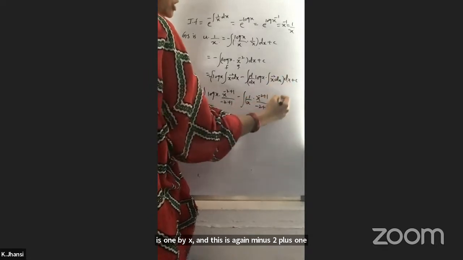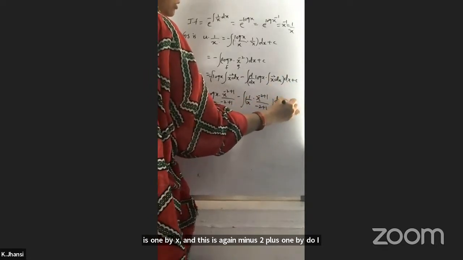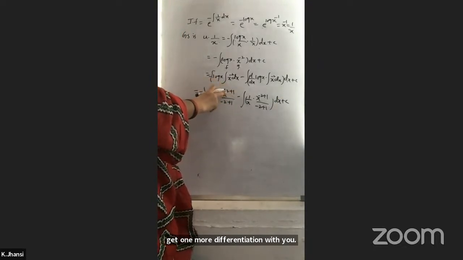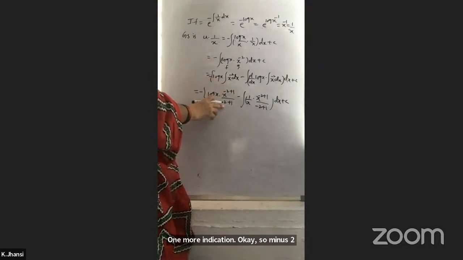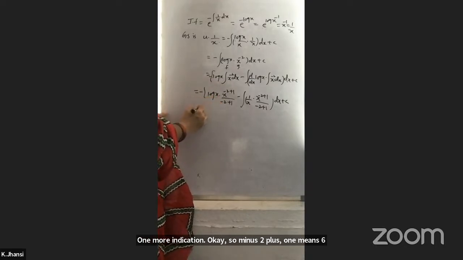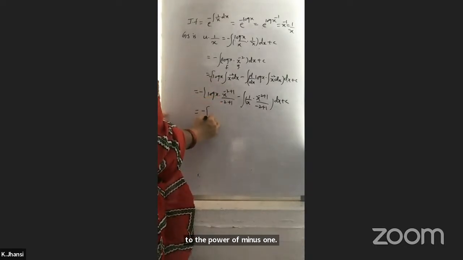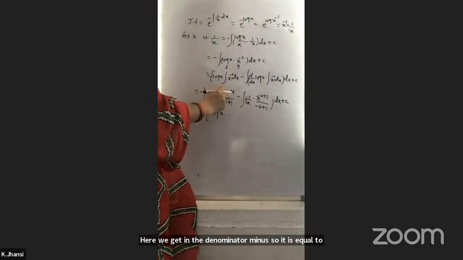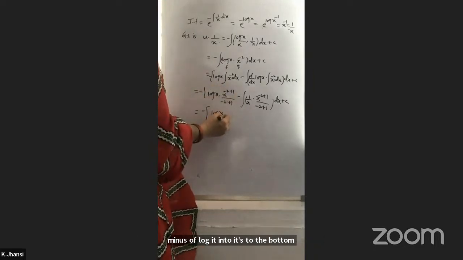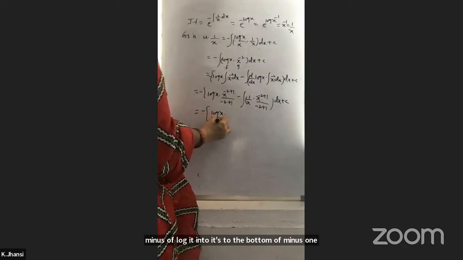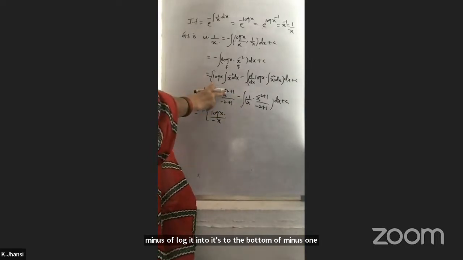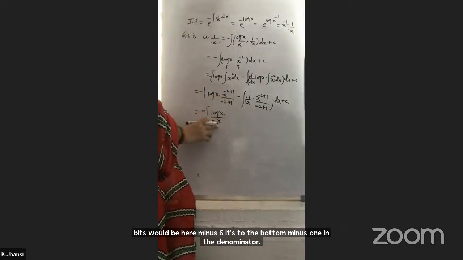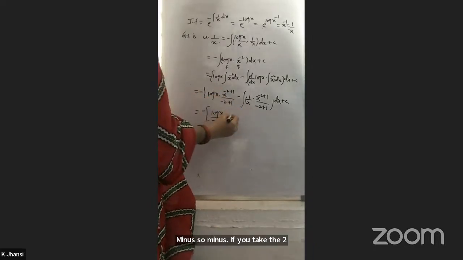Minus 2 plus 1 means x to the power of minus 1, so we get it in the denominator with a minus. So it is minus of log x into x to the power of minus 1, which means minus x in the denominator, taking it to the denominator it will be x.